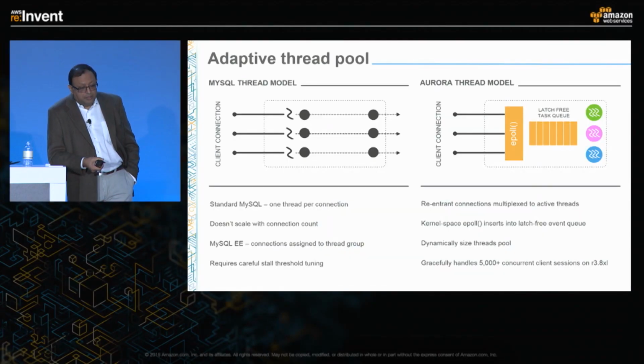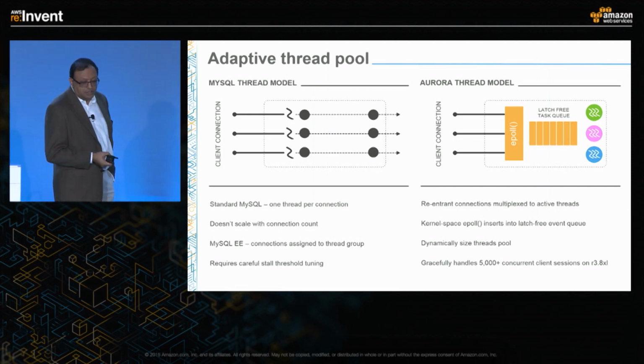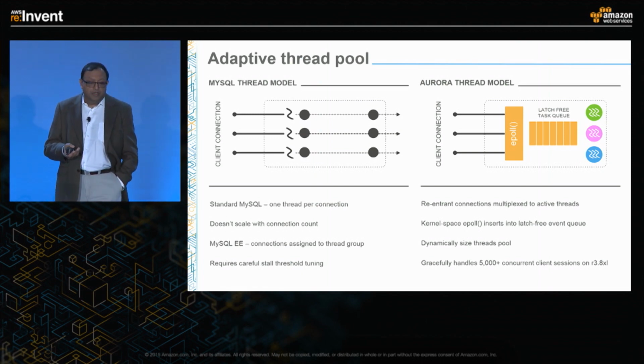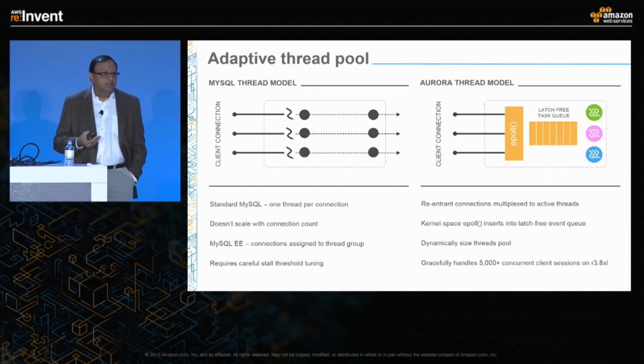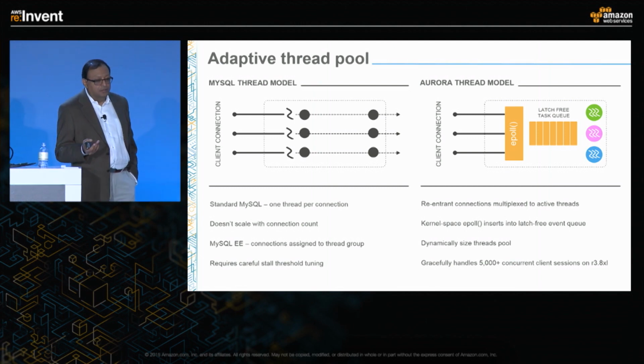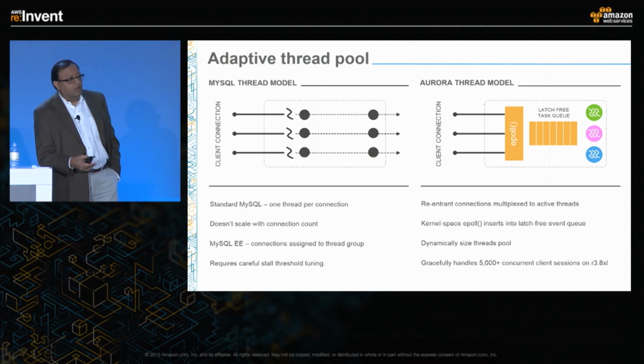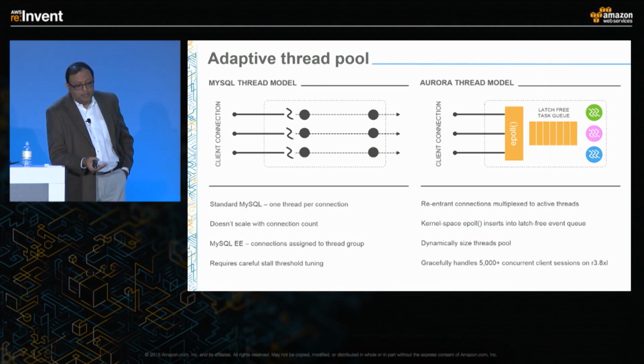I mean, you can run a lot of threads, it's just memory in some sense, but what you end up with is a ton of context switches. And each context switch takes a fair amount of time to process. So MySQL Enterprise Edition addresses this to a degree, where they introduce this concept of thread pool with thread groups, and they statically allocate user connections to thread groups, and they try to run 1 connection per thread group.